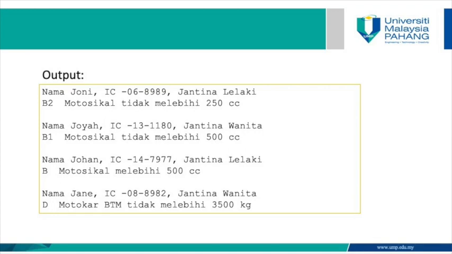From those classes. And then second one, Joya with the ID number, and the gender is female, and then B2 class and B1 class, and then a motorcycle not more than 500cc, and so on.